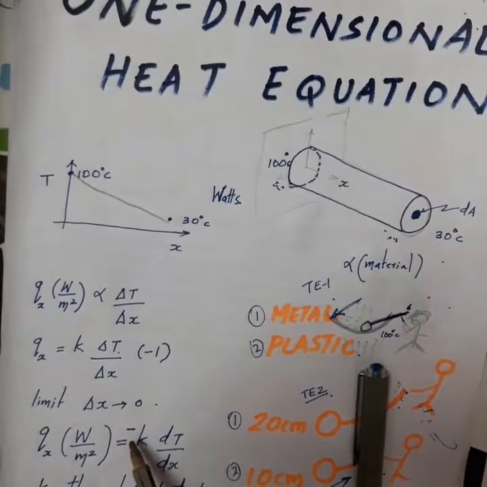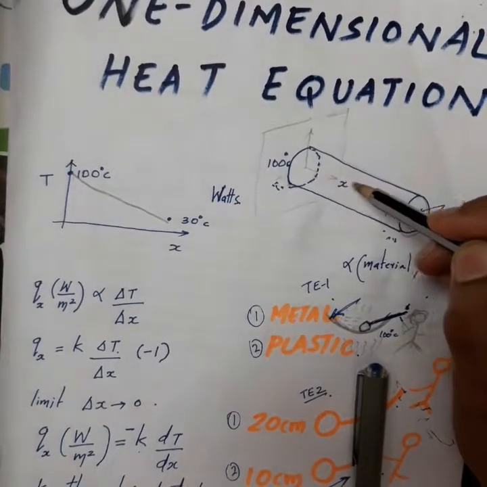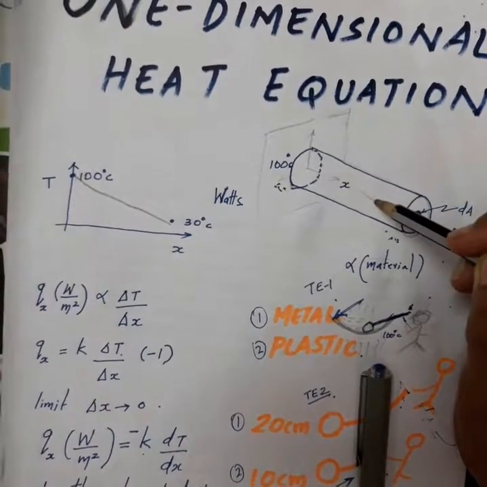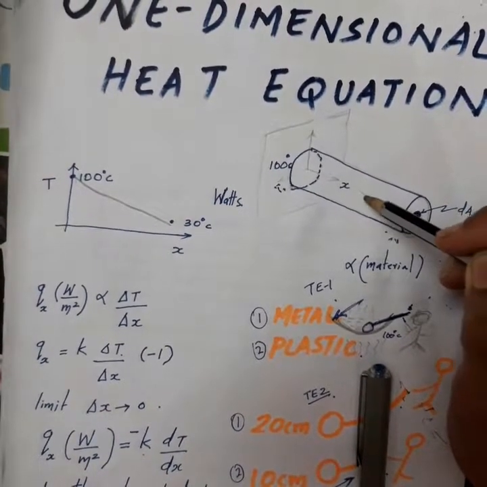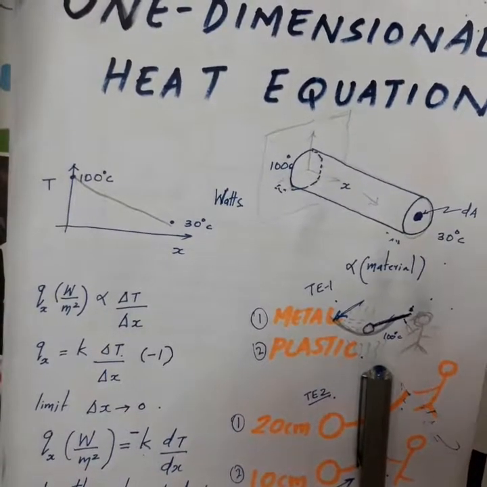With the help of this minus sign, we are able to tell that qx will be positive, which means that the heat is flowing in the x direction. Hope that makes sense.